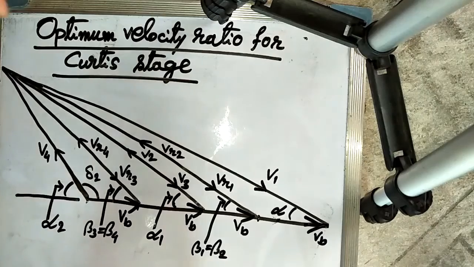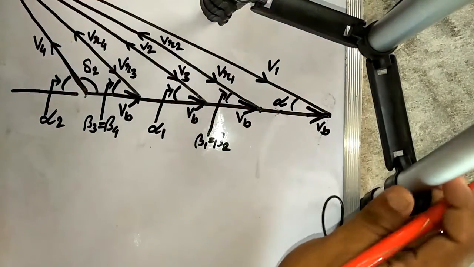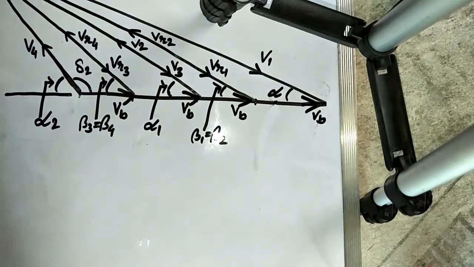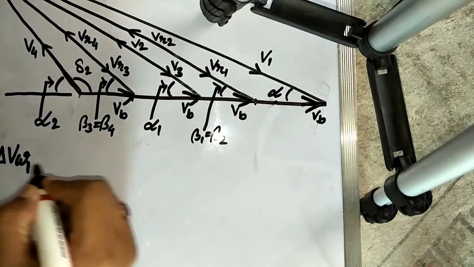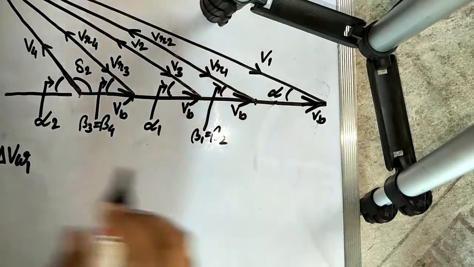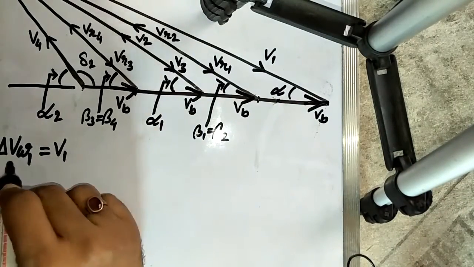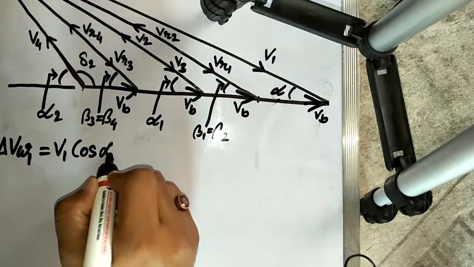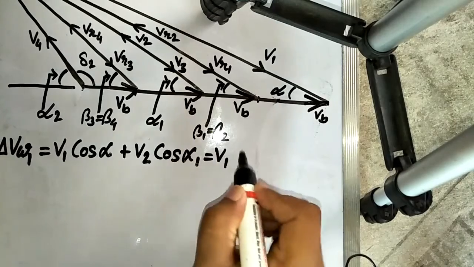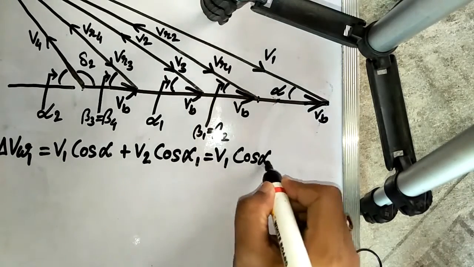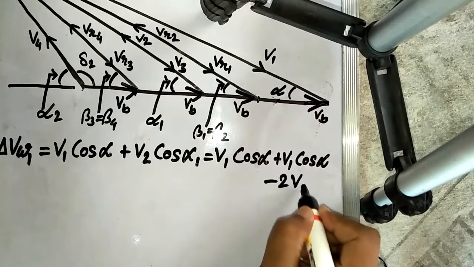So let's start. First of all, we have to find out the value of Δv_ω. To find the value of Δv_ω1, it is equal to V1 cos alpha plus V2 cos alpha 1, that is equal to V1 cos alpha plus V1 cos alpha minus 2 vb.